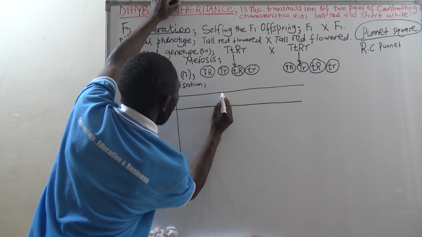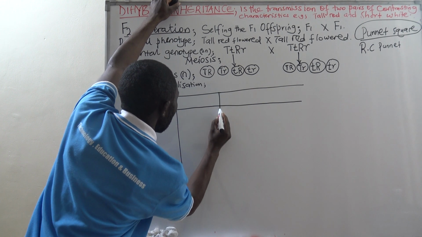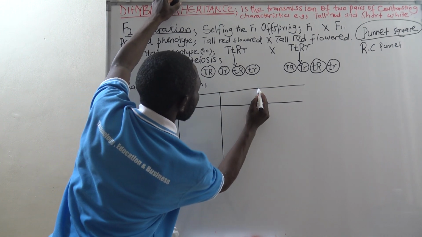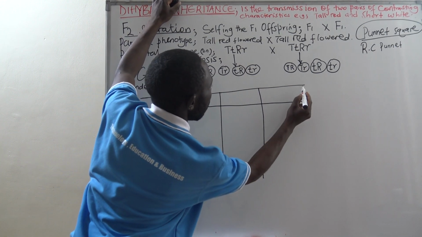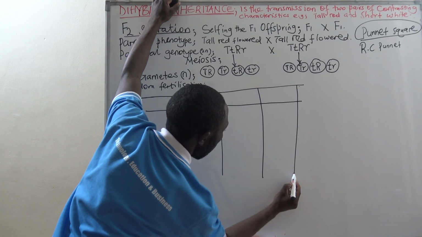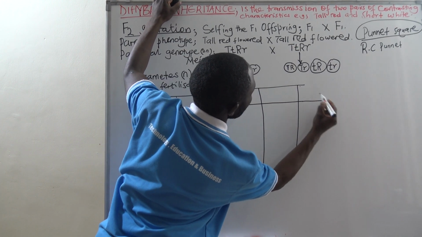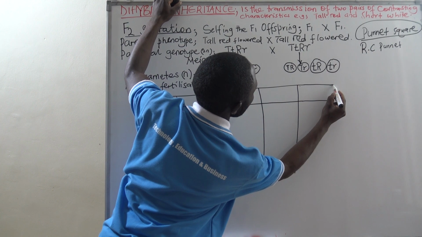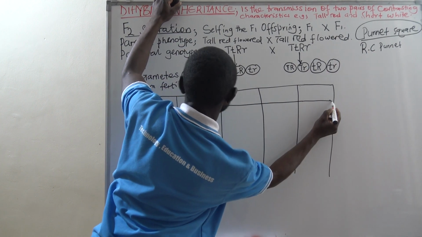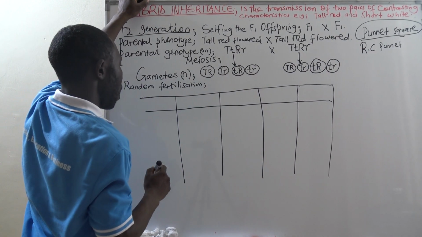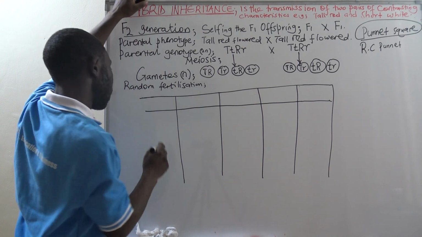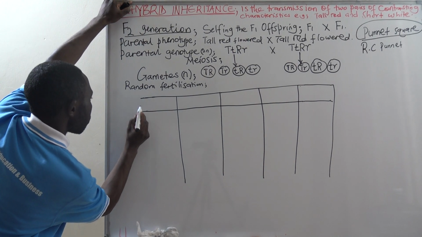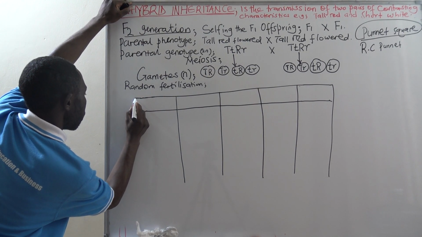So let me draw my vertical squares, shown here on the board. Now, in the vertical squares, we first possibly complete it.